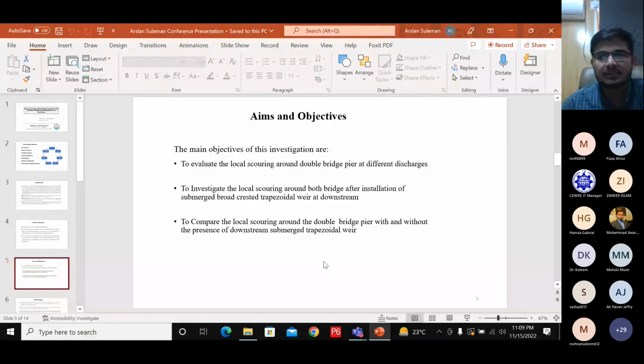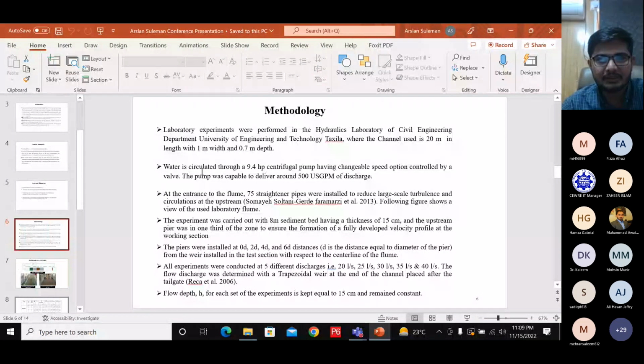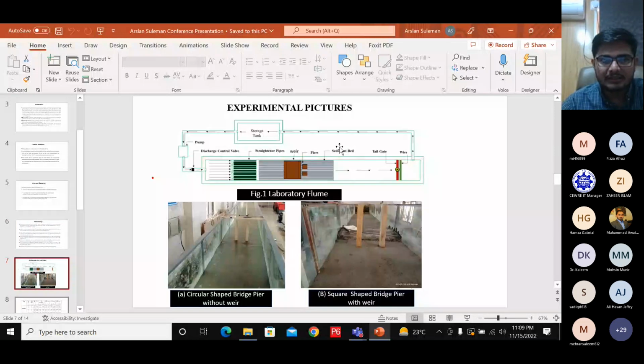Here is the methodology which I used to carry out all the experiments. First of all, I want to share the plan of the laboratory flume which I used for the experimentation. You can see here is the discharge control valve, from where the discharge and flow water enters into a well, and here are the strainer pipes from where the turbulence is minimized.